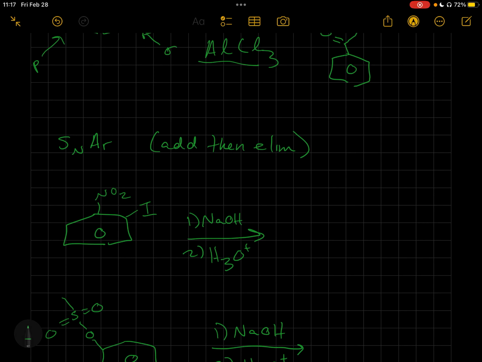Instead, I'm going to have us move into this nucleophilic aromatic substitution. So this is one of the two other reactions that we get in this chapter. And it's easy to think that it would be labeled NAS, and that would be the abbreviation, but instead we keep the nucleophilic substitution trend with an S and then a subscript of N and then an Ar for aromatic.